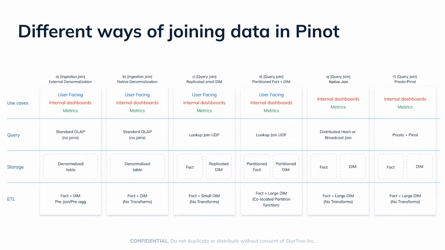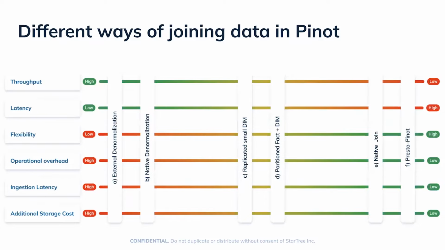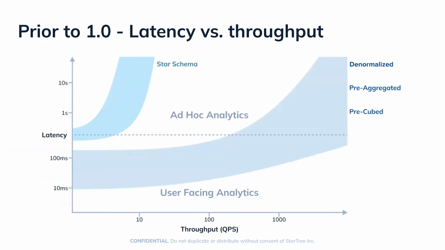So the spectrum of the join and the ETL mechanisms, again, becomes more and more expensive for the query time towards the right and more expensive during ingest time towards the left. I'm going to re-show these use cases once we have more questions regarding the use cases afterwards. But let's jump a little bit ahead into this graph.